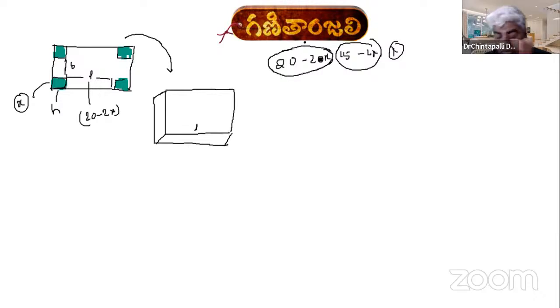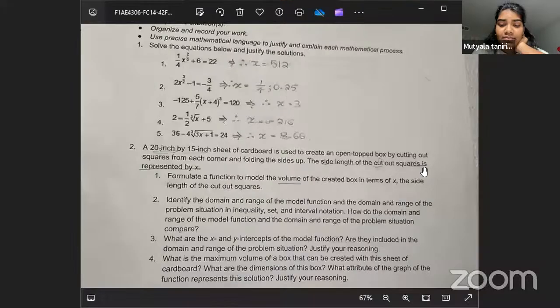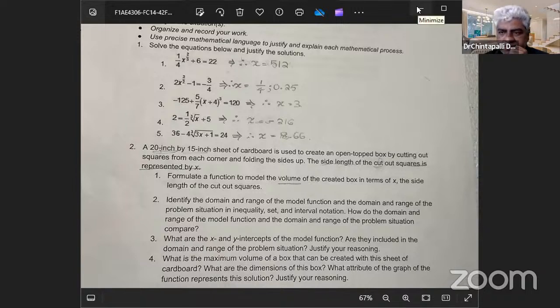Now, a model function is made. Formulate a function to model the volume. Volume formula is length into breadth into height.